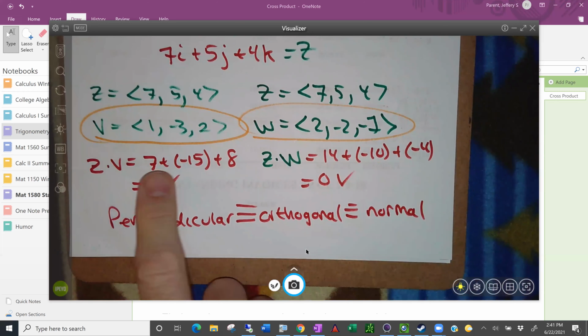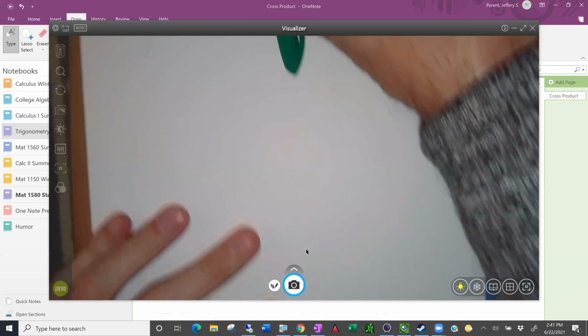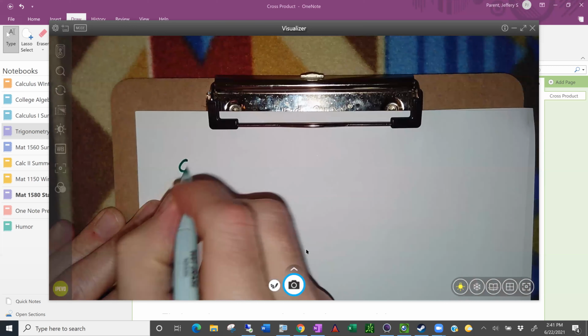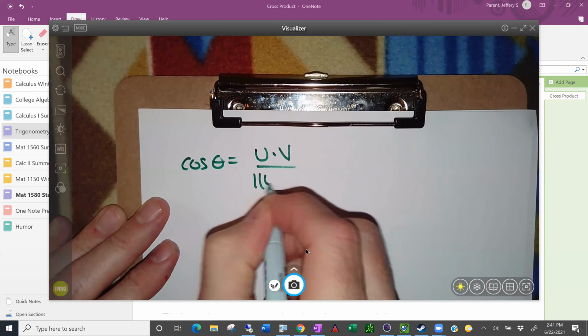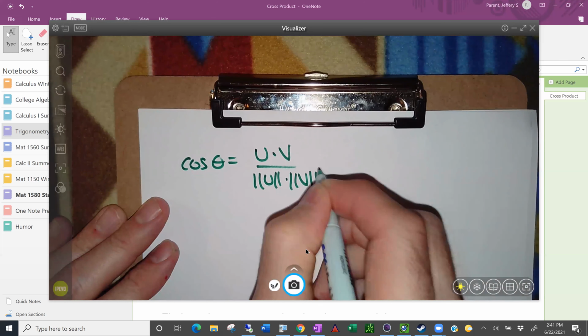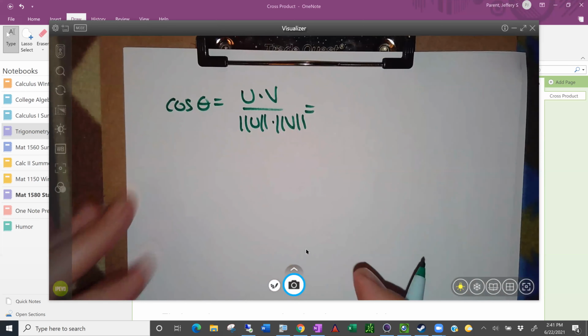Wait, when would it equal parallel then? When it equals 1? Yeah, so it'd be parallel if the dot product, well, it's a little bit more than that. To decide if they're parallel, this calculation, cosine of theta equals u dot v over length of u times the length of v, would have to be, actually, let's think here.